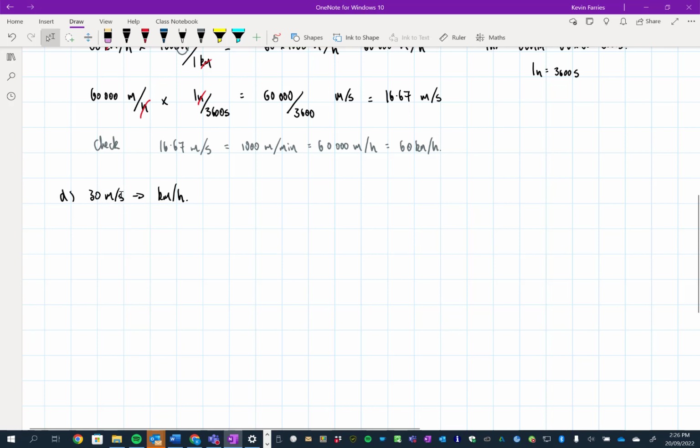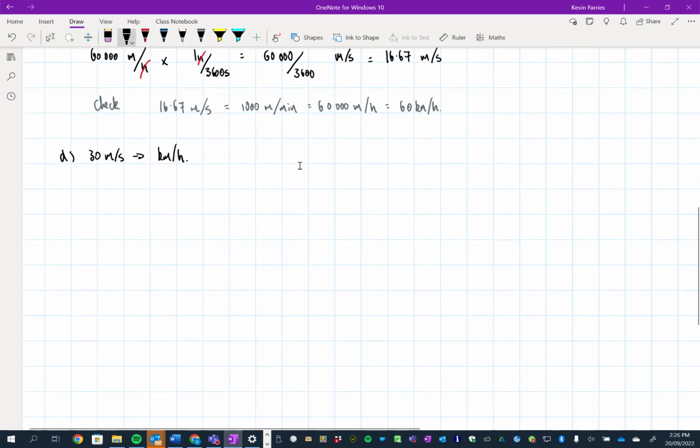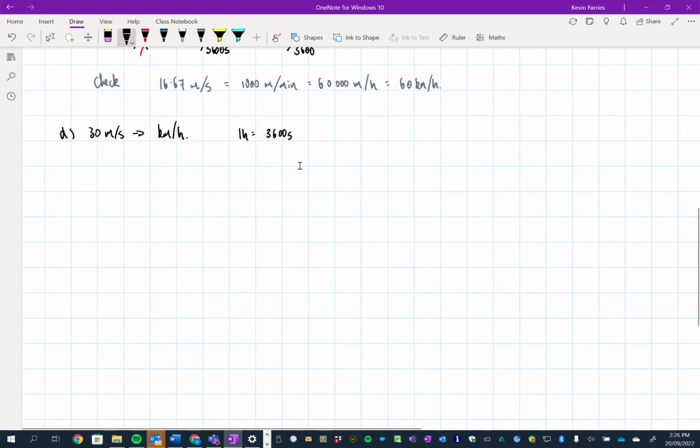And so what I'll do is I'll get rid of the seconds first and change that to hours. So we should be able to remember that, and it's worth remembering, 1 hour is equal to 3,600 seconds. Gives you 60 times 60. So therefore we are going to get 30 meters per second times, not changing anything, this fraction, 3,600 seconds over 1 hour, which is 1, so they're both the same thing.